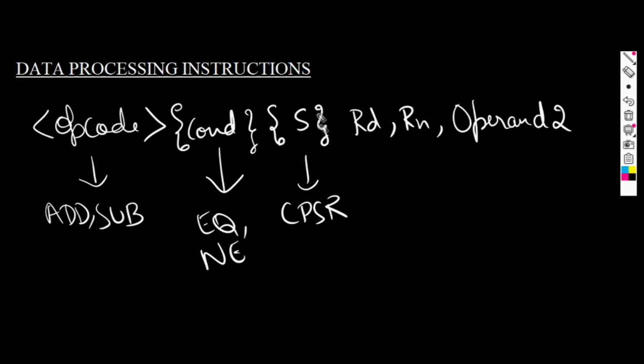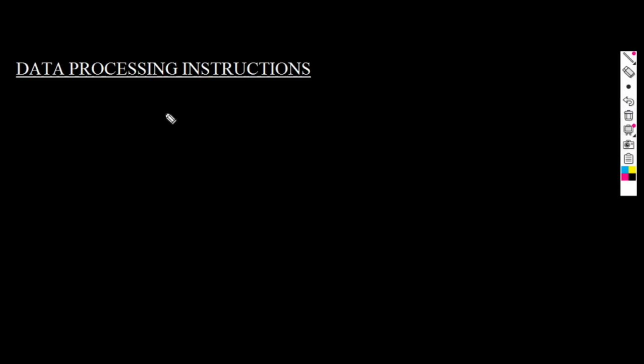You can either include it in the instruction or skip it. Rd is the destination register, Rn is the first operand register, and operand 2 is the second operand, which can be a register or an immediate value, possibly shifted.